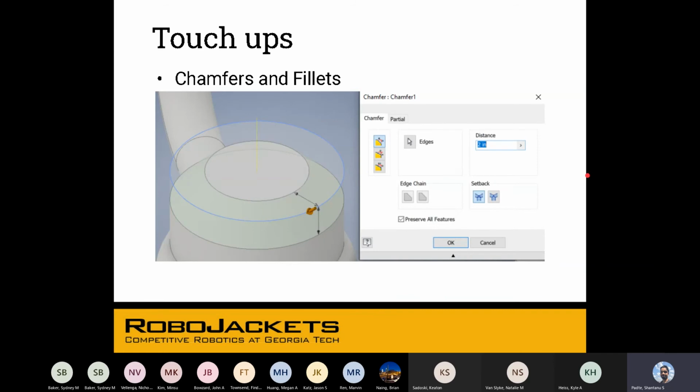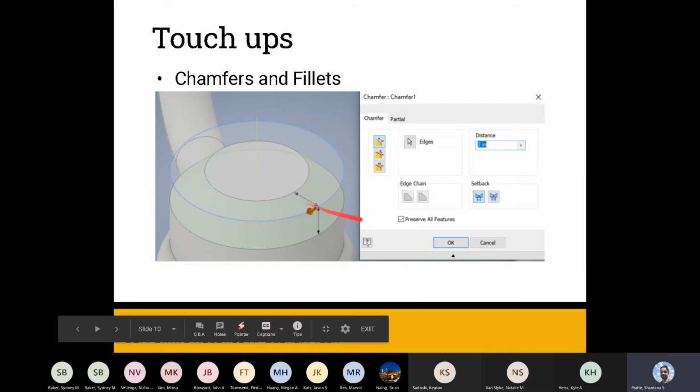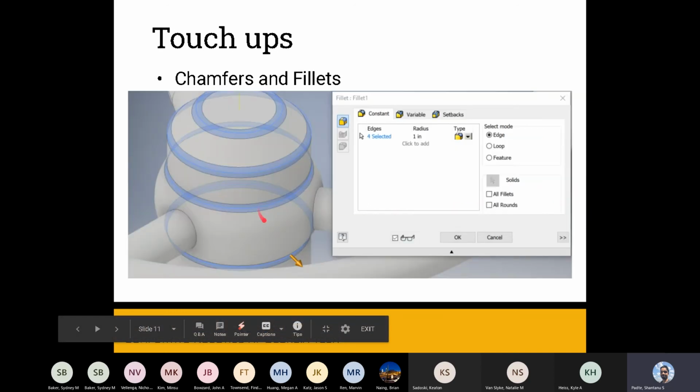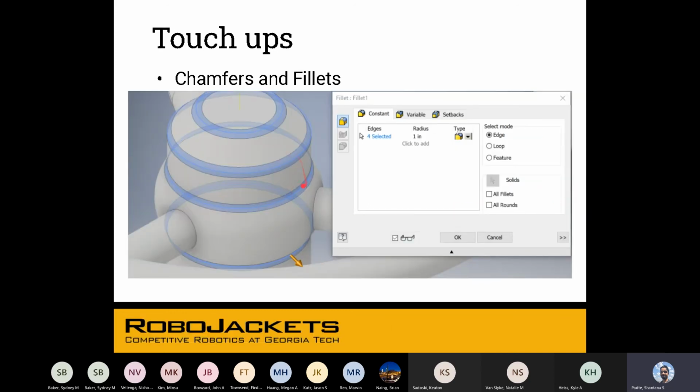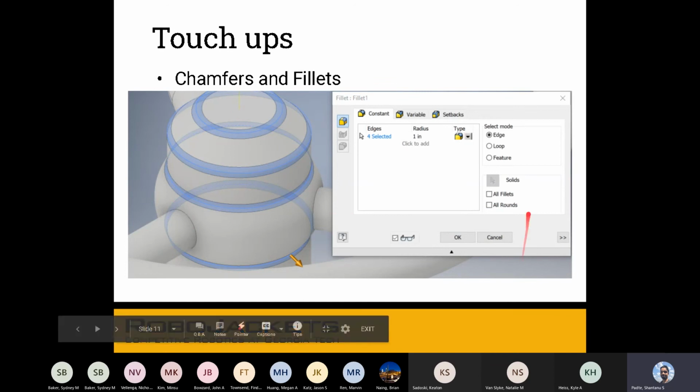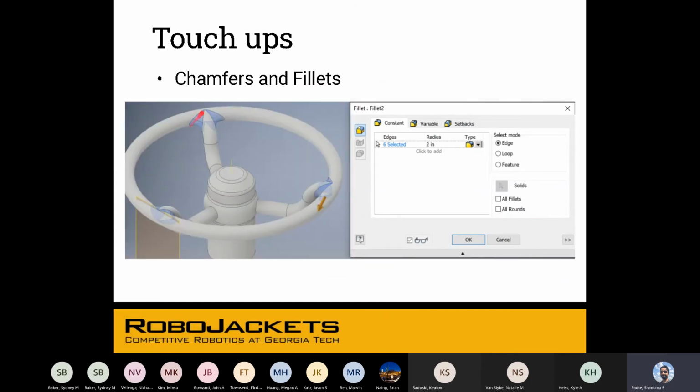Okay, so now finishing touches, just chamfers and fillets. Make everything look a bit fancy. So the flat edge is a chamfer. The fillets are the more curved parts. And over here as well.